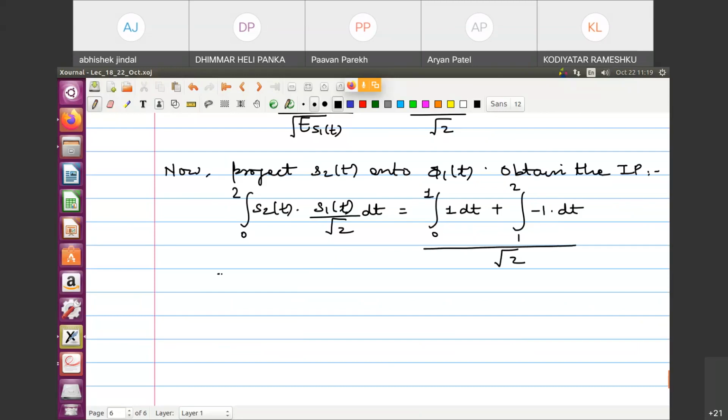So this leads to 1 minus 1, divided by root 2. So this is 0. So if this is C21, and C21 is 0, it means S2(t) is already orthogonal to phi_1(t).